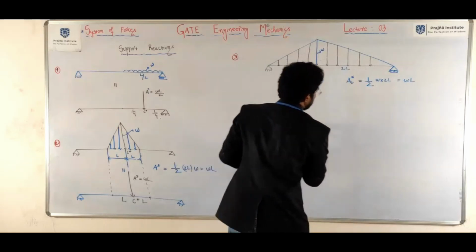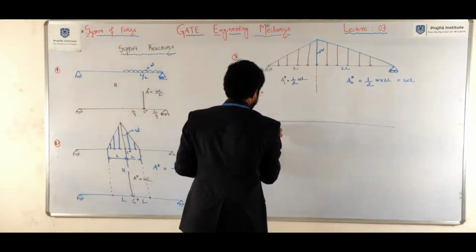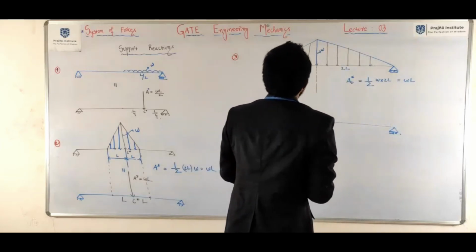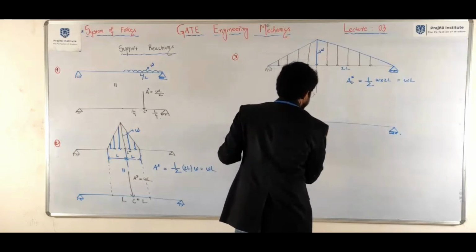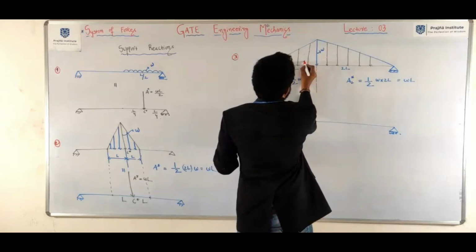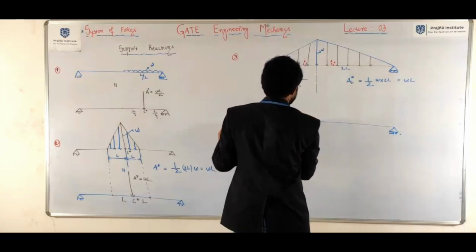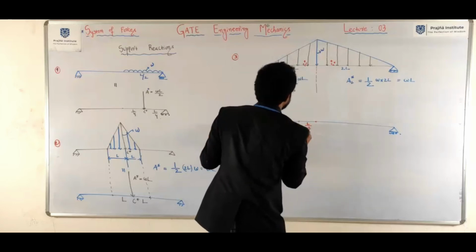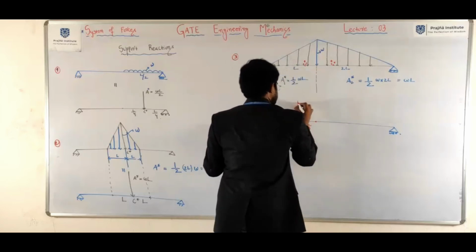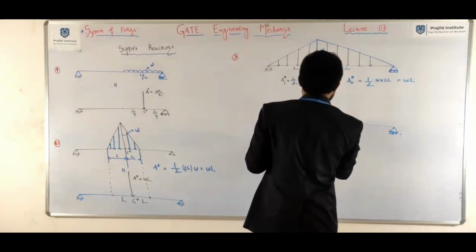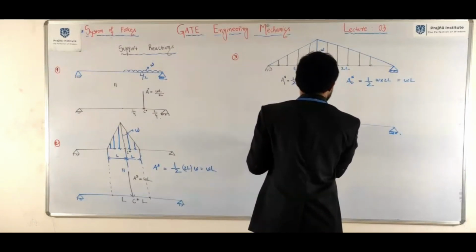Now, how to convert this? Tell me. First C1 star and C2 star. Here it will be L by 3, placed at the centroid. Next, this C2 star will be somewhere.